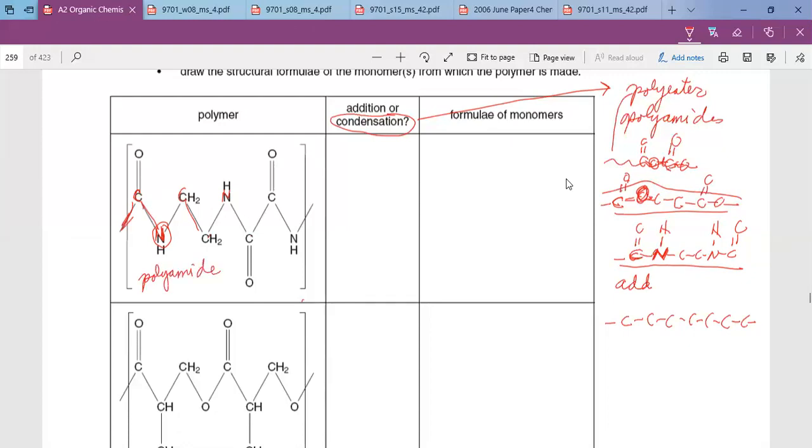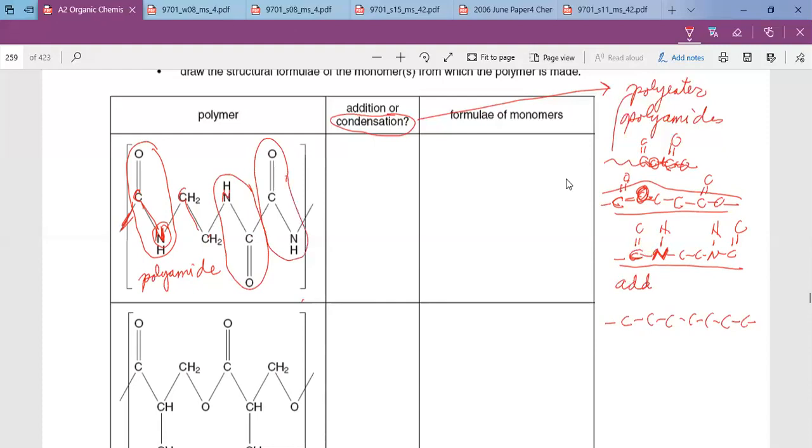So that means it must contain an amide linkage, which is true. Circle it for yourself, the amide linkage. You see it? Circle first. Every linkage, circle. Very important.